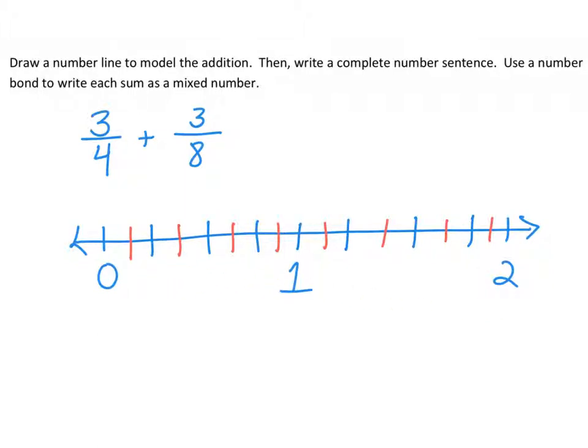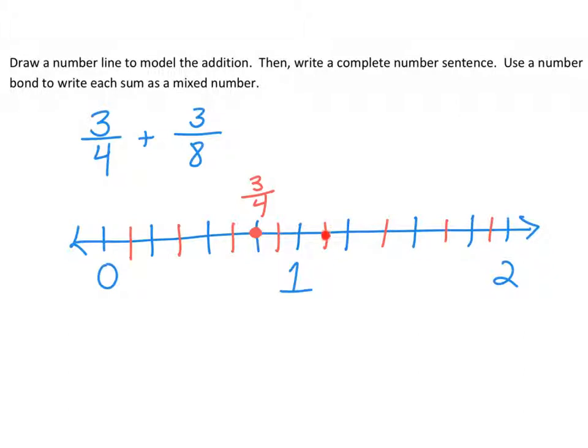So now let's put our 3/4 on the number line. Okay, so I just placed 3/4 on the number line, and I'm going to go up 3 because it says 3/8. So when I end up at 3/8, I am going to be right over here. 1, 2, 3.